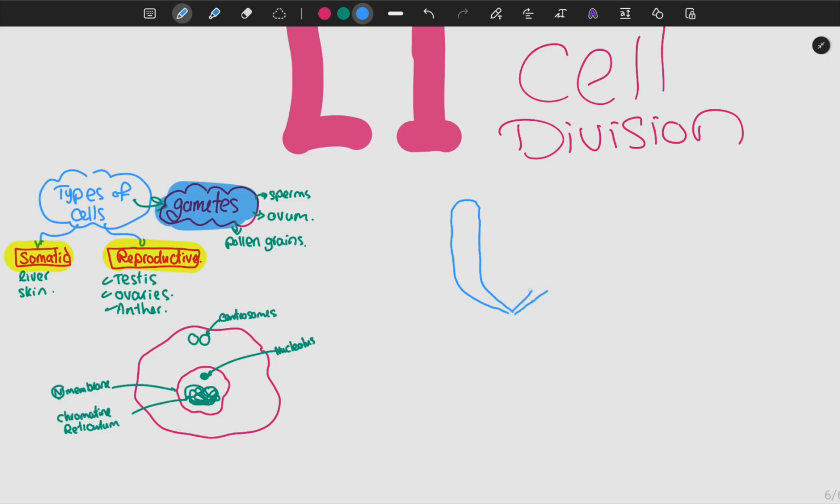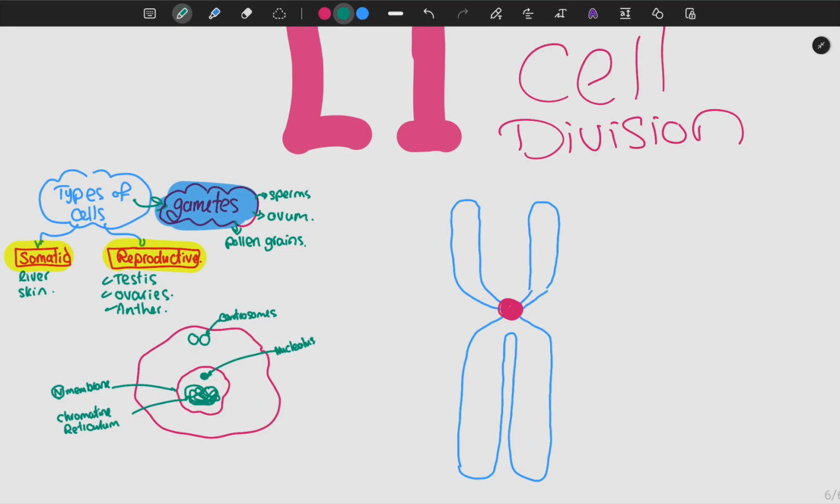This is the structure of the chromosome. Like this. Okay, in the middle of the chromosome we have something called centromere. It's called centromere, where it attaches the chromosome with each other.